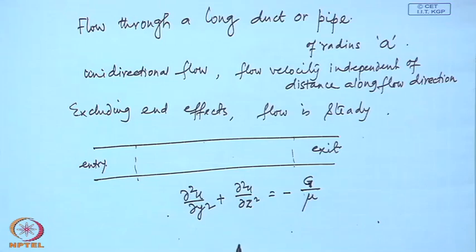Now, you see this y and z, or x y z, is not a very good or appropriate coordinate system for this. For this type of problem, the appropriate coordinate system is x r theta. X is of course again the x direction. So, the cross section is represented by r theta.